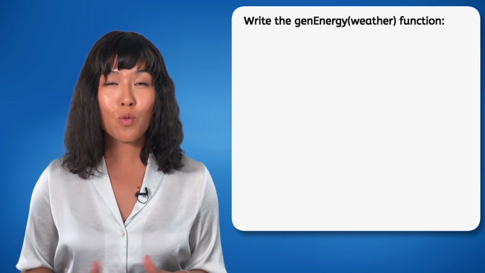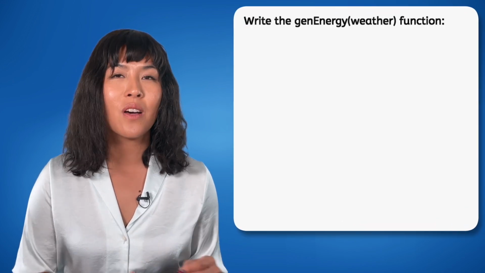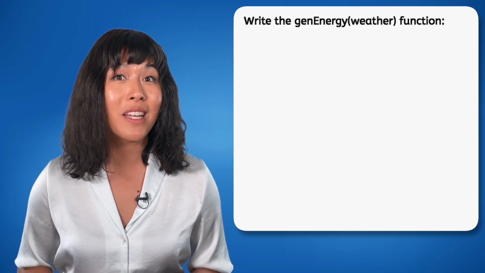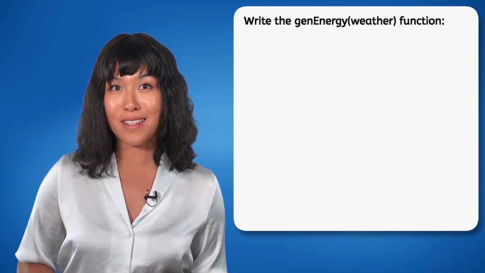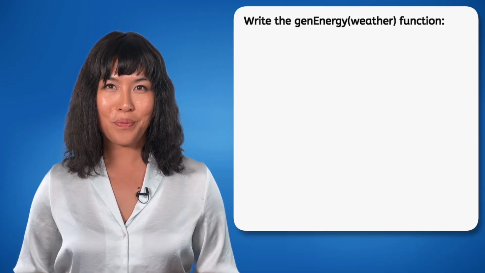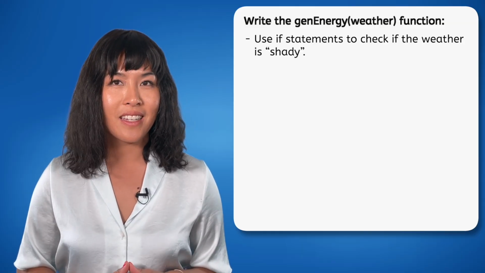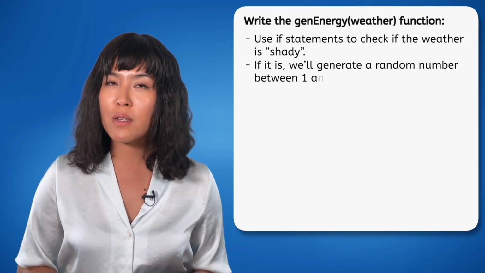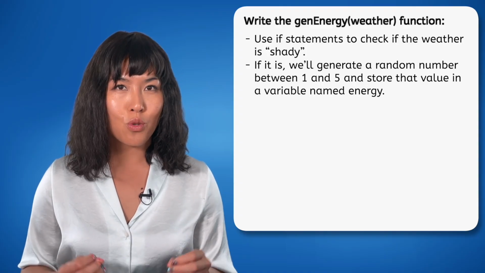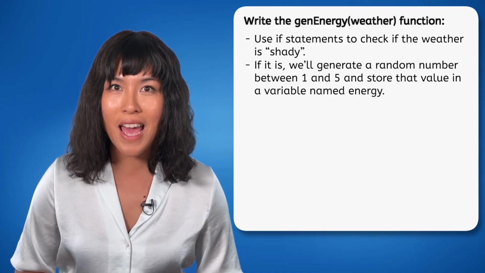The first function we'll write is called genEnergyWeather. This function generates energy based on the weather condition, passed as a parameter. We'll first use if statements to check if the weather is shady. If it is, we will generate a random number between 1 and 5 and store that value in a variable named energy.